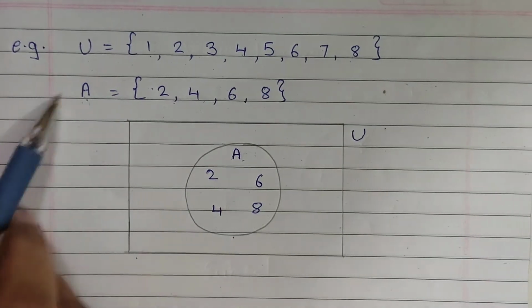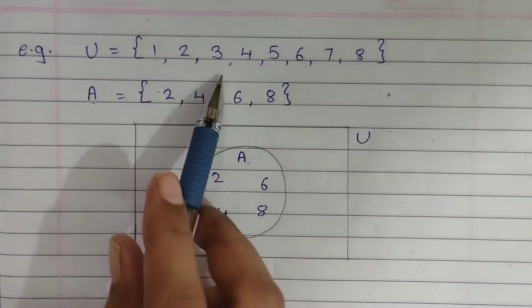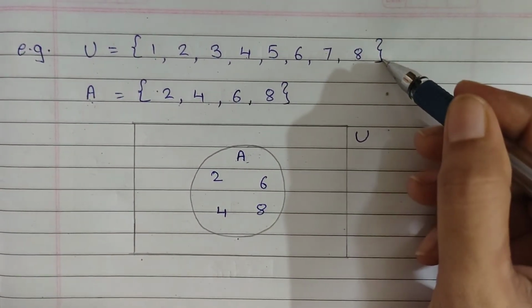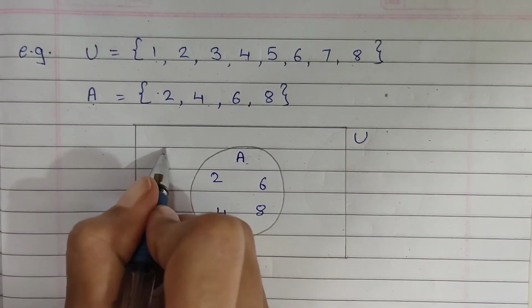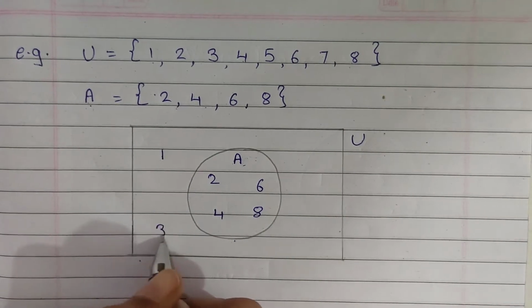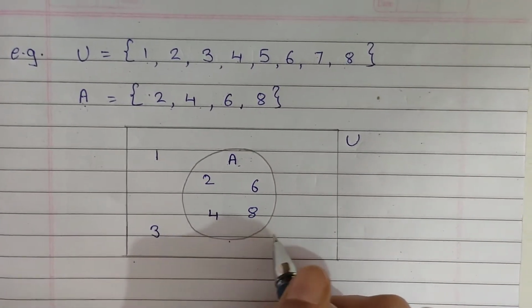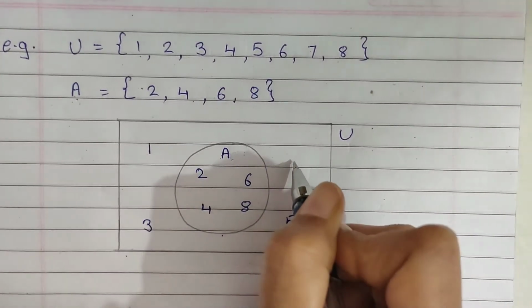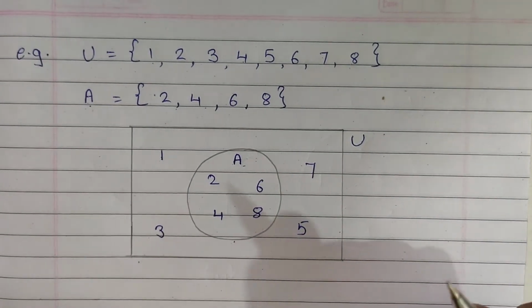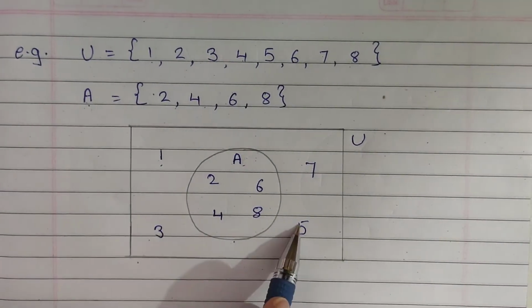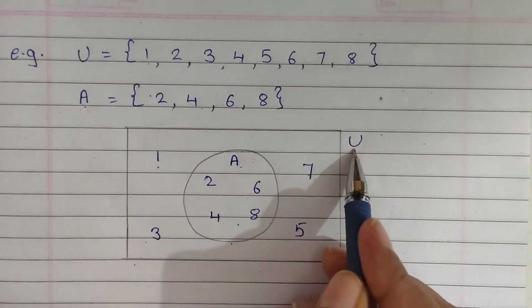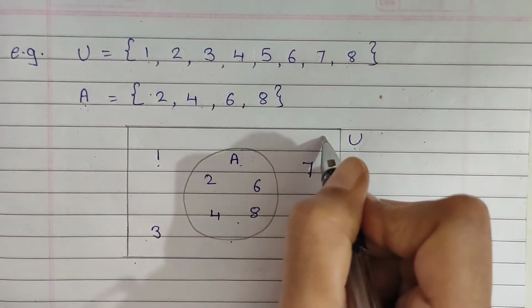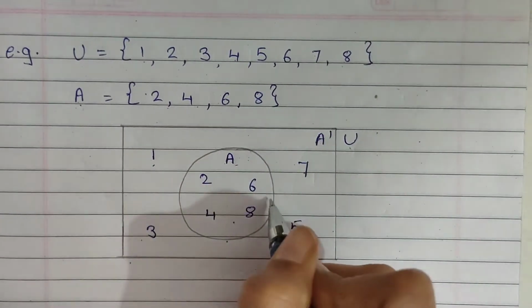Now check which elements remain in the universal set, and write those outside the circle. So these are 1, 3, 5 and 7. The elements which are not a part of set A but are present in the universal set are called the complement of that set.